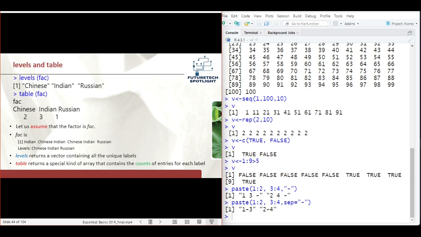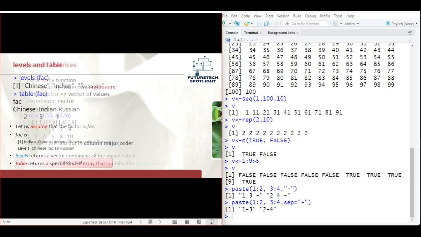Now how is this table different from levels? This table will give the occurrence of each category in the given data. So how many times does Chinese come in the data? 2 times, Indian 3 times, Russian 1 time. So that way we can get the count of each category in the given data.